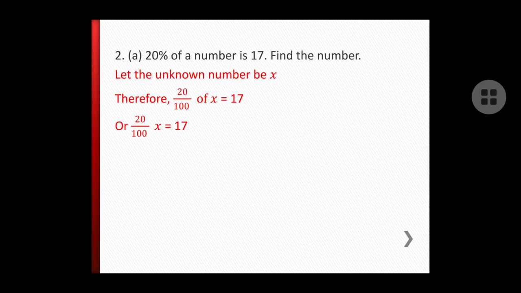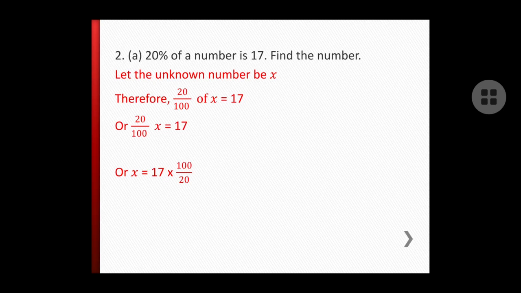So we can write it as 17 multiplied by 100 by 20. Correct? Because division means reciprocal. You have learned the fraction kind of divisions in level 5. So when it is division, you make it multiplication and take the reciprocal. We took the reciprocal.